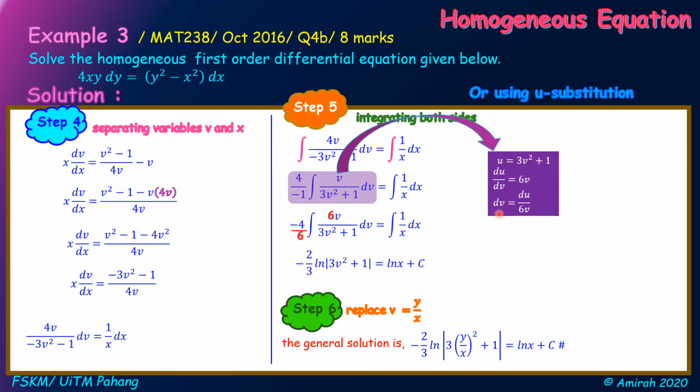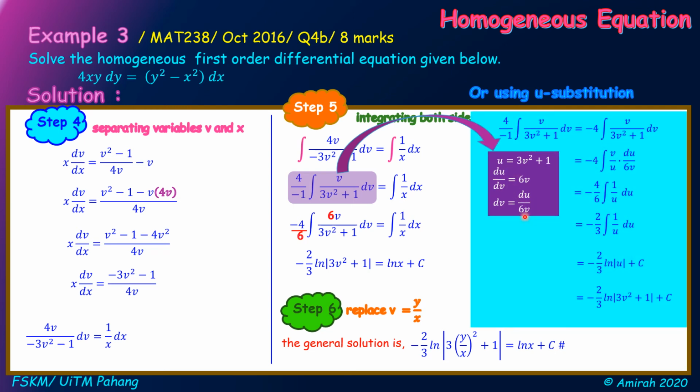And then we write dv as the subject. So we cross multiply, so we have du over 6V. And then from here, 4 over negative 1 integration of v over 3v squared plus 1 dv. When we simplify 4 over negative 1, we have negative 4 integration of v over 3v squared plus 1 dv.